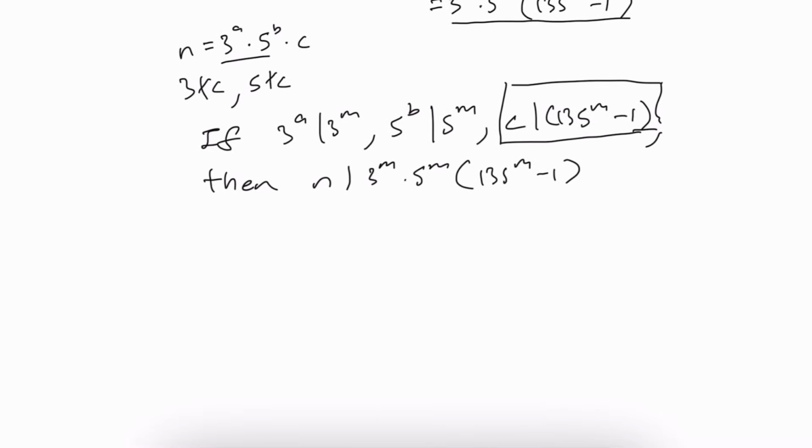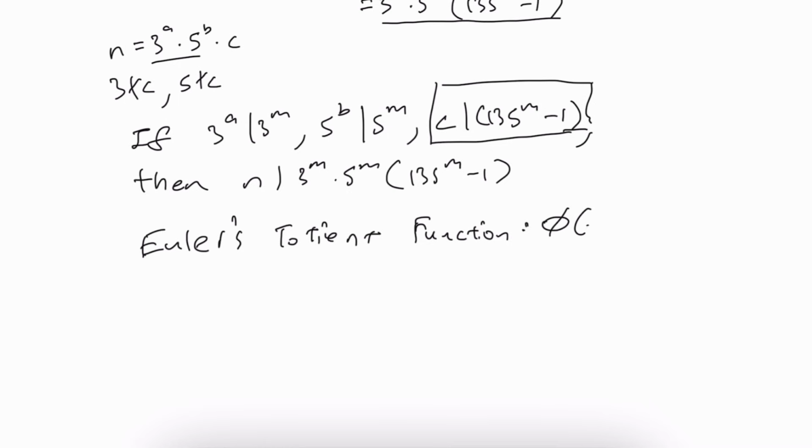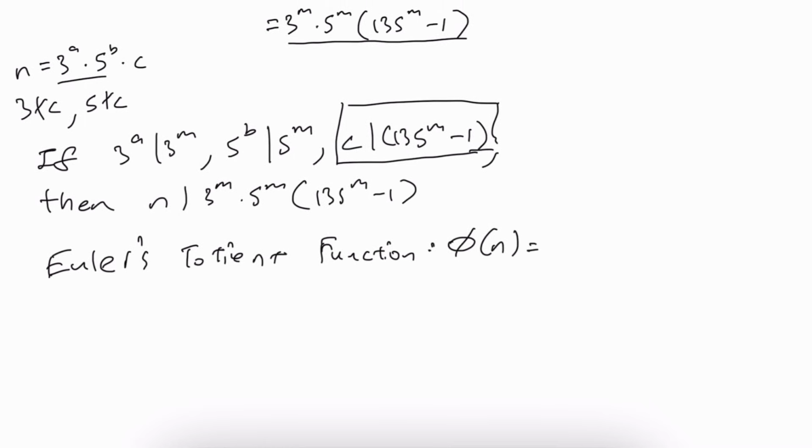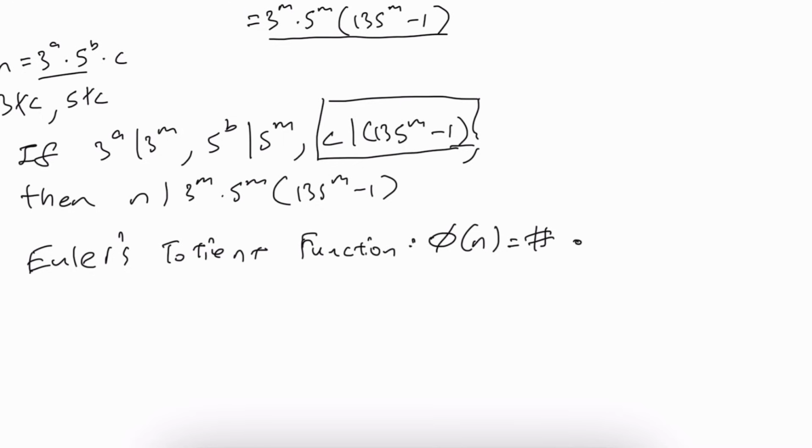A quick refresher: Euler's totient function is defined as phi of n is equal to the number of relatively prime positive integers less than or equal to n.